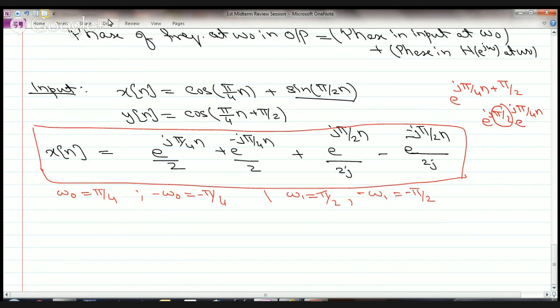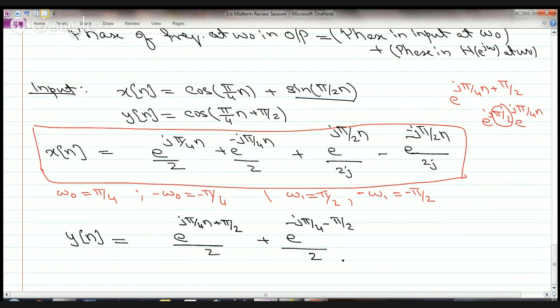Now, what's the output? Again, you have to write the output y[n] in terms of the Euler's identity. So you write that it's e to the j (pi by 4 n plus pi by 2) over 2 plus e to the minus j (pi by 4 n minus pi by 2) over 2. So what is happening at the output?